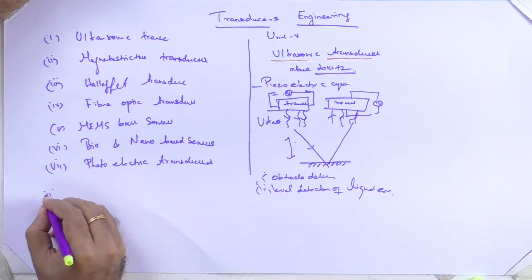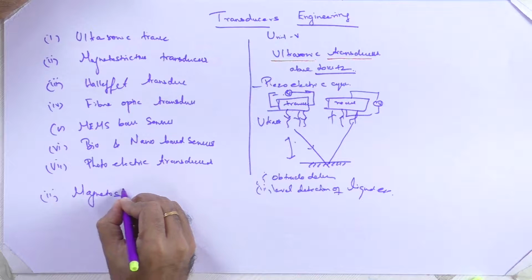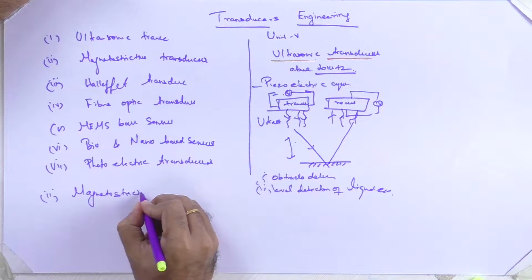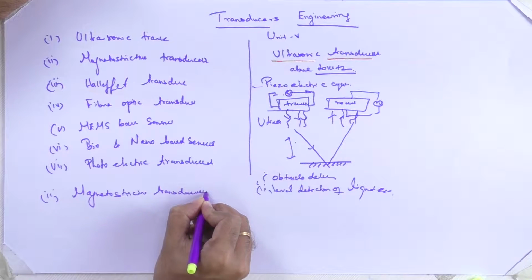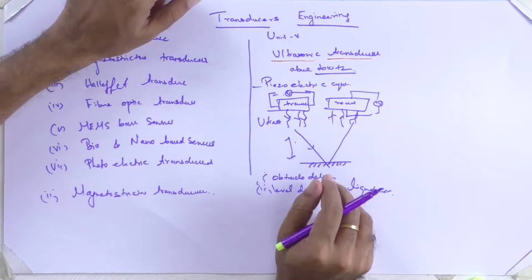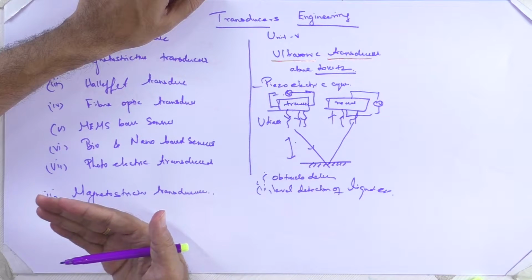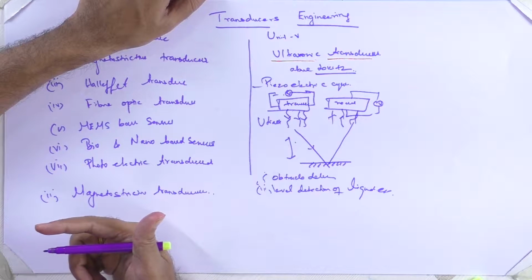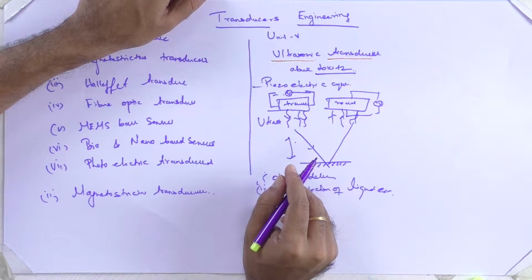The next one comes with magnetostrictive transducers. The magnetostrictive principle explains the property of magnetostriction. We know the property of piezoelectricity, where when a mechanical stress is applied to a crystal, it is converted to electrical energy.